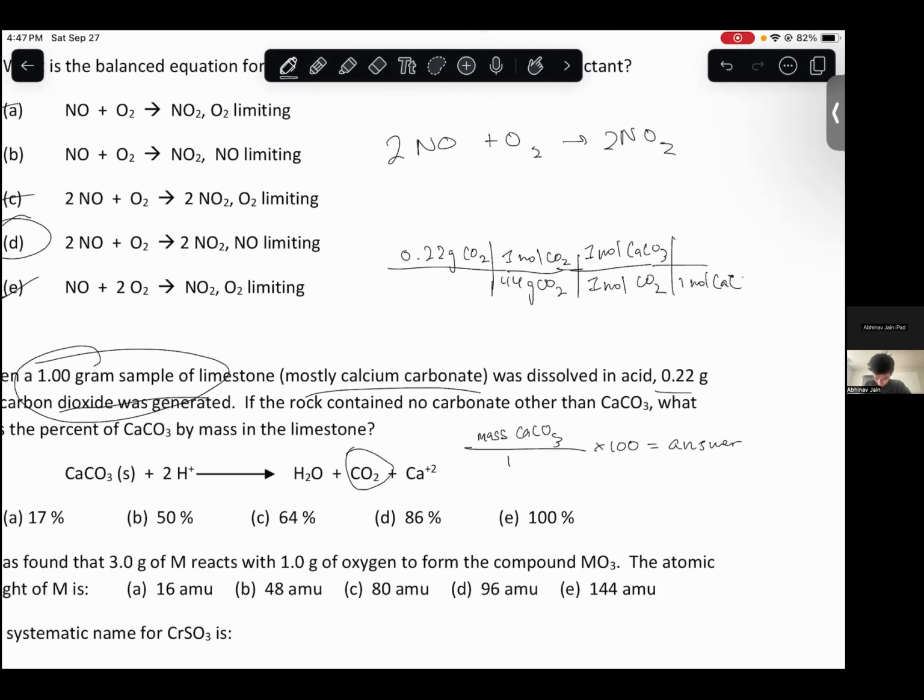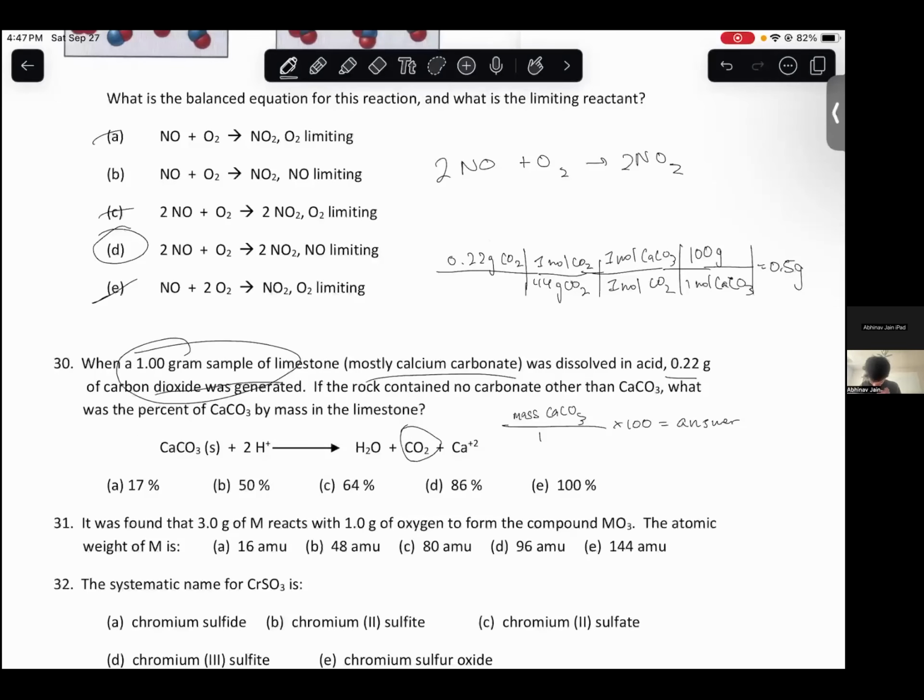If we calculate the molar mass of calcium carbonate, we see that it's around 100 grams per mole. So multiplying all this out, 0.22 times 100 divided by 44. So that's around 0.5 grams. That's the mass of calcium carbonate. We can put that in. So 0.5 divided by 1 times 100. That's just going to be 50%. So the answer is going to be B.